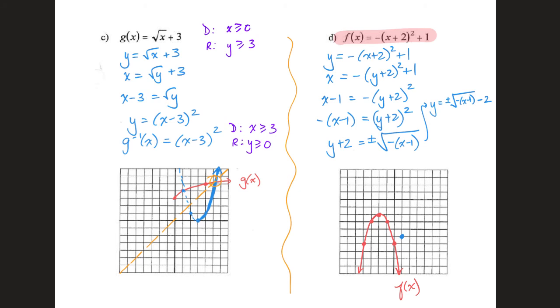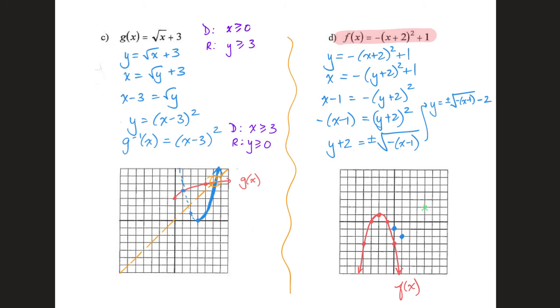Now I'm going to take my point that would normally exist at 1, 1 and do all those transformations to it. Reflect it across the y-axis. Shift it to the right 1, down 2. Now I'm going to take 4, 2, and perform those transformations.